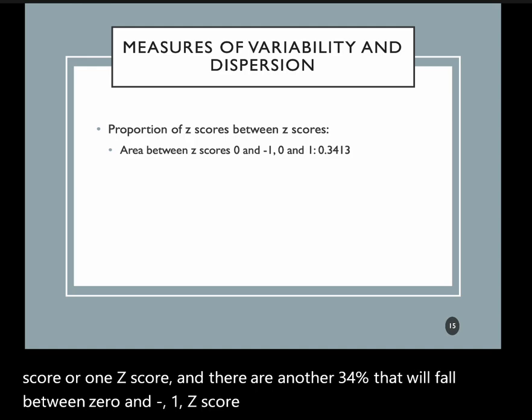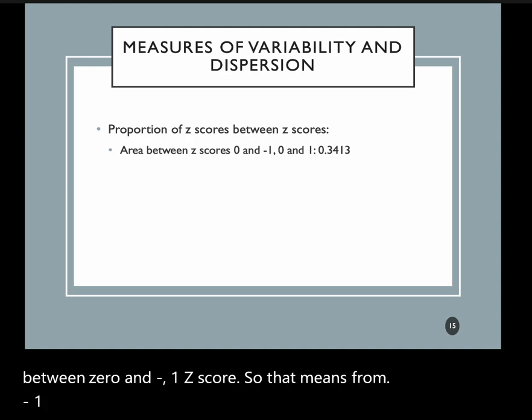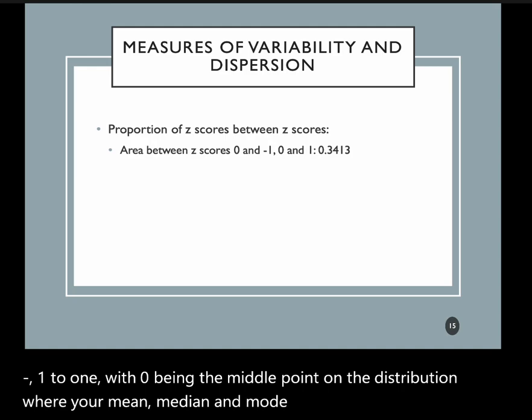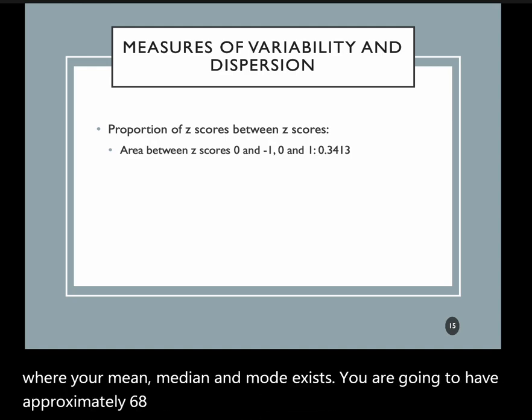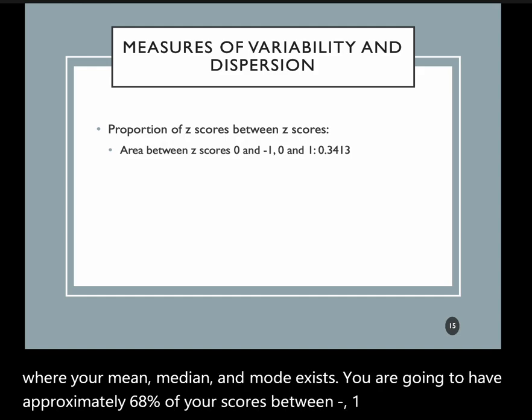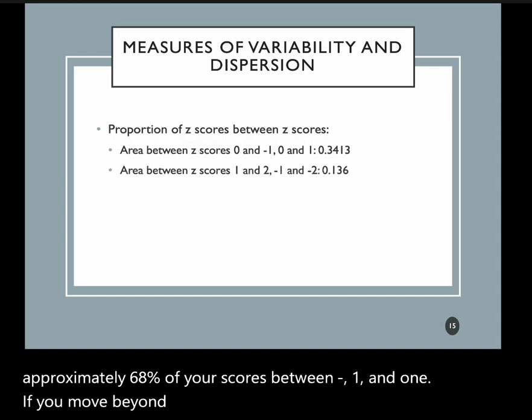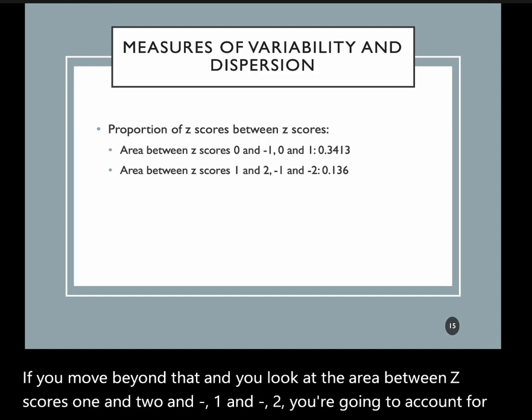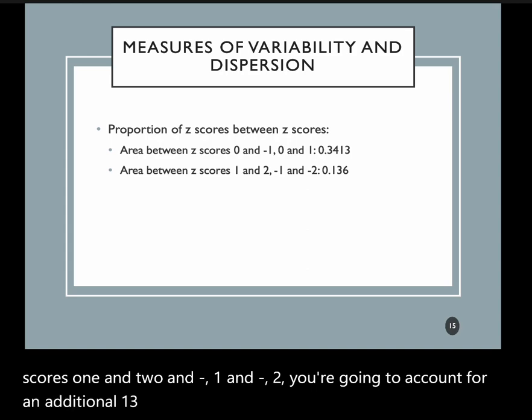So that means from -1 to 1, with 0 being the middle point on the distribution where your mean, median, and mode exist, you are going to have approximately 68% of your scores between -1 and 1. If you move beyond that and you look at the area between z-scores 1 and 2 and -1 and -2, you're going to account for an additional 13% each.